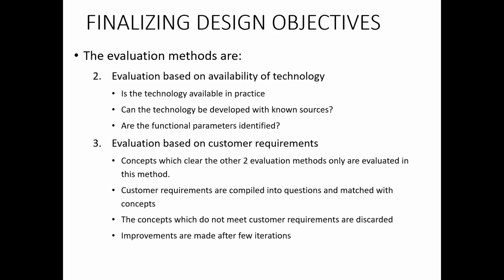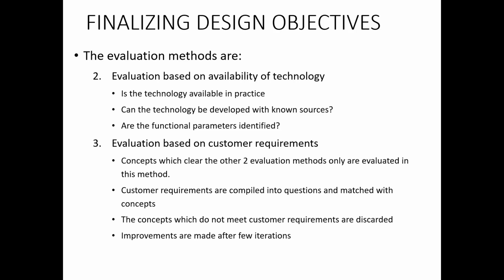Can the technology be developed with known sources? Suppose the technology is not available with us; the next thing we should check is whether we can develop that technology with the resources available to us. If it can be developed easily, it is fine and good, we can proceed further.